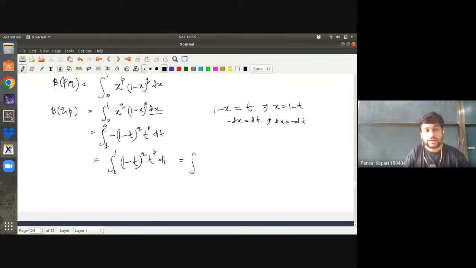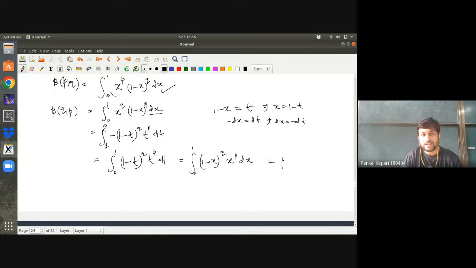Because the value of the integral depends only on the endpoints, 0 and 1, it doesn't depend on the variable t or x. So instead of t we can write x: the integral from 0 to 1 of (1 minus x) to the power q and x to the power p dx. Now note that this is our beta p comma q, right?